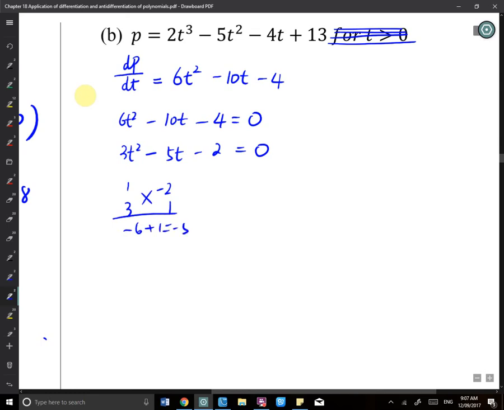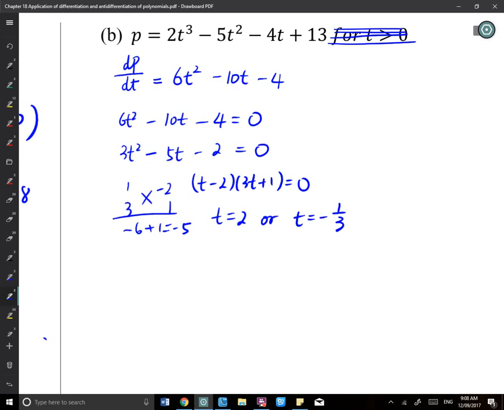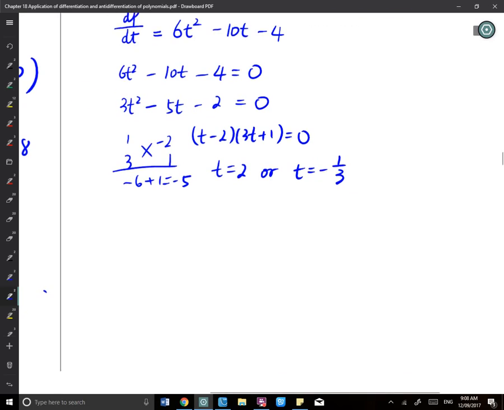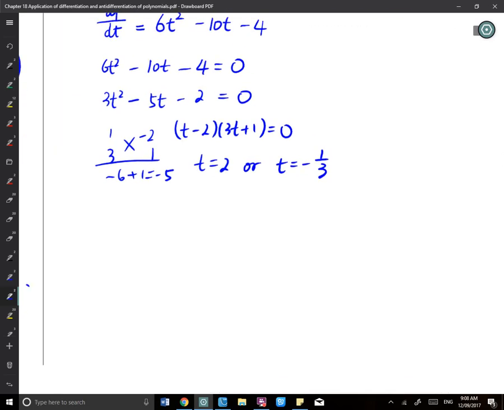That's a negative 5. So what I have is t minus 2 and 3t plus 1. That's 0. So t should be 2, or t should be negative a third. Okay, as I said, you should write these things in order. So negative a third is the smaller one. I should write negative a third first. But it doesn't matter, I still have 3 rows.